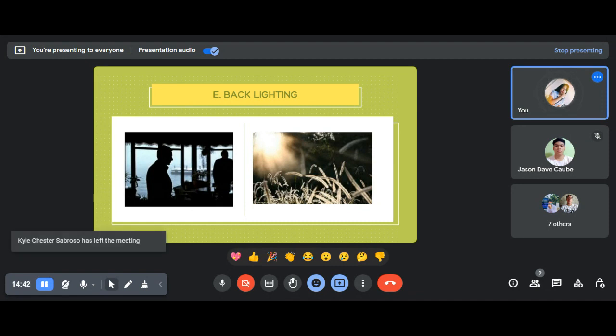However, the use of backlighting in forensic photography will depend on the specific circumstances of each case. For example, in some cases, front lighting or side lighting may be more appropriate depending on the angle of the subject or the type of evidence being photographed.